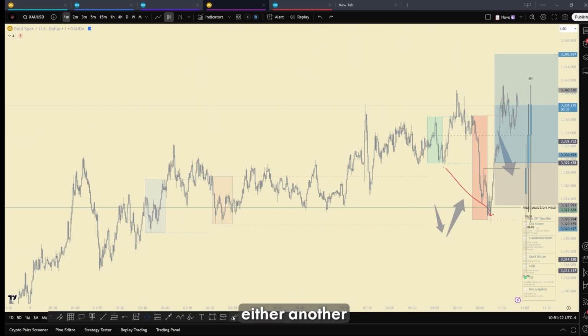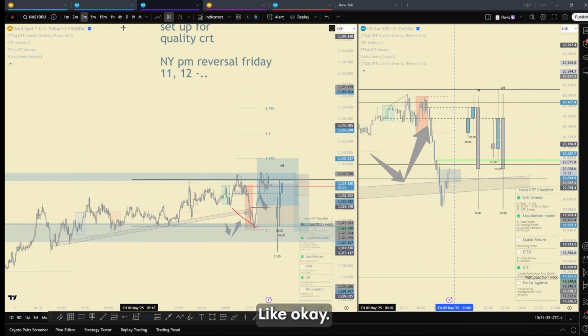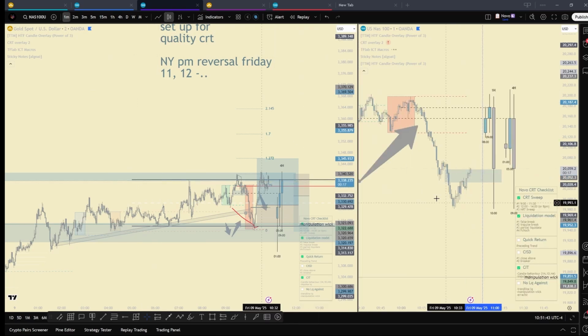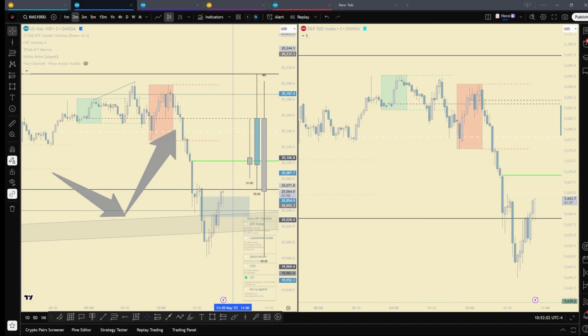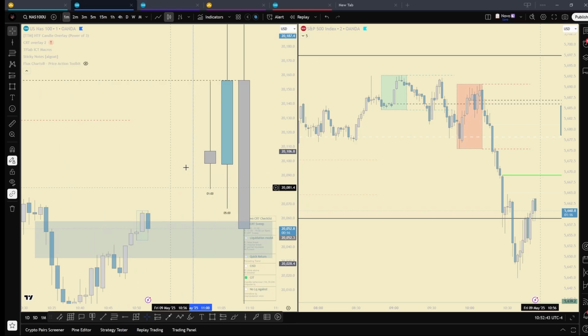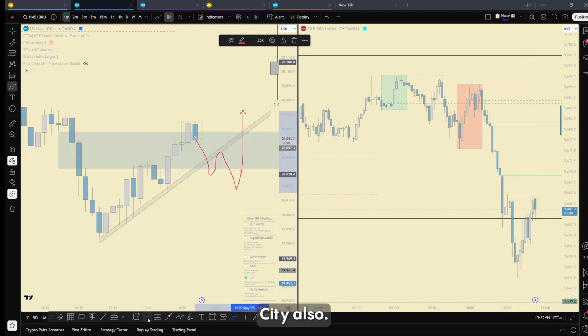Because it's just playing around at the highs here right now, so just watching that. And see some type of sweep here also on the bottom frame.